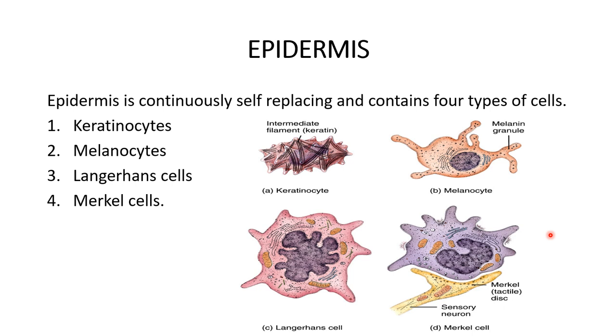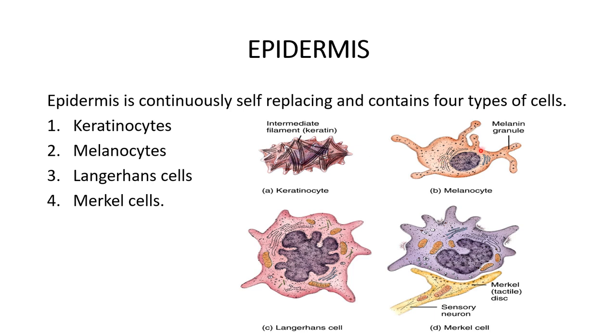First of all, we come to the epidermis, which is the uppermost layer. The epidermis constitutes 4 types of cells and 5 types of layers. The 4 types of cells are called keratinocytes, as the name indicates, and you can see we have keratin filaments over here. So this is going to reproduce new keratinocytes.